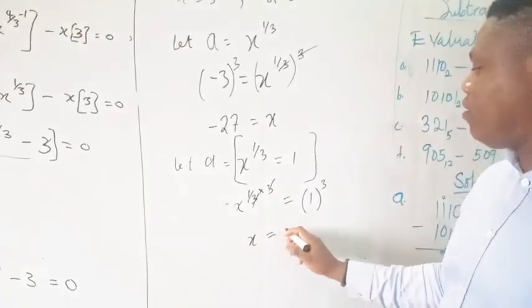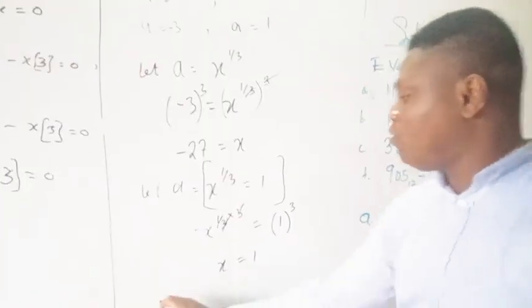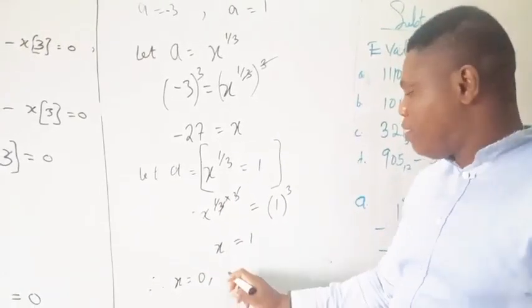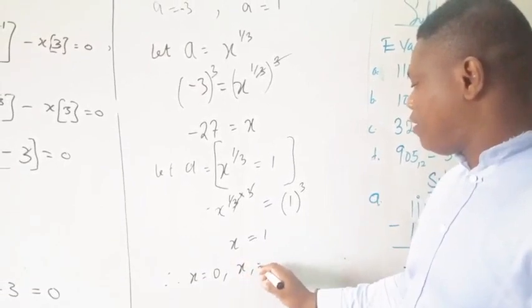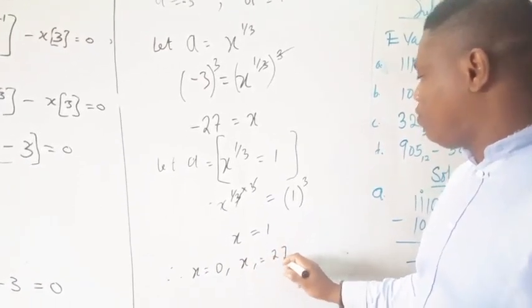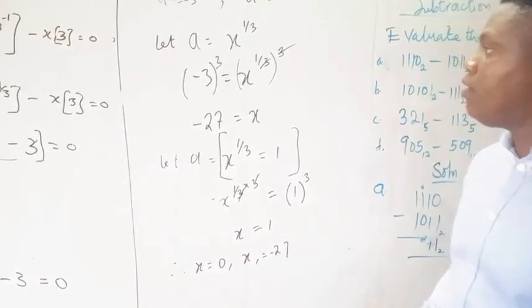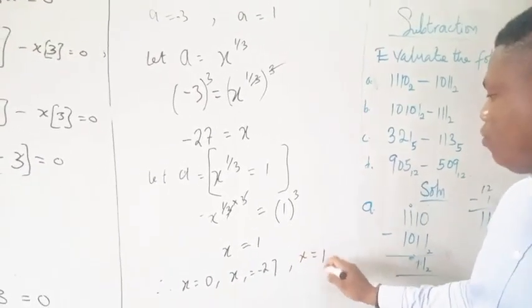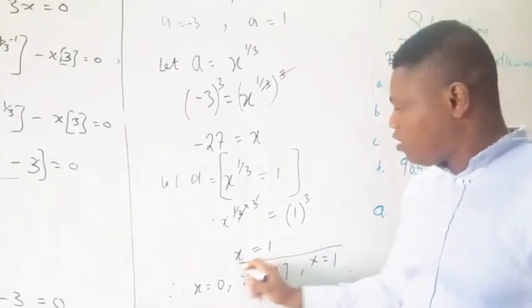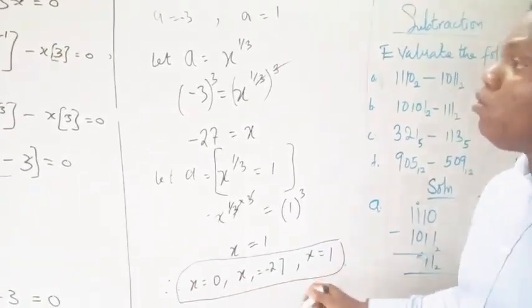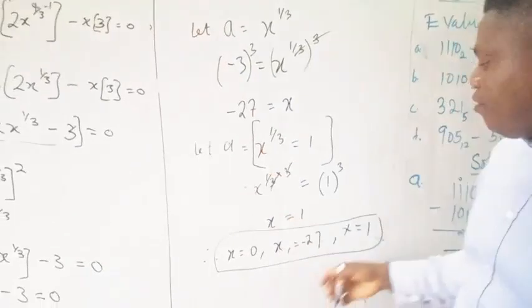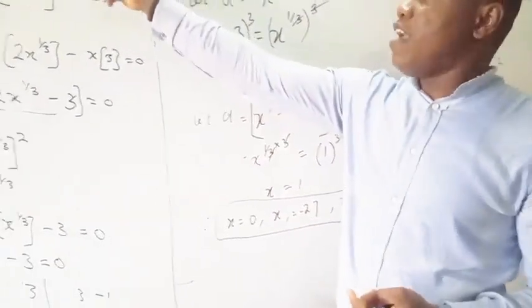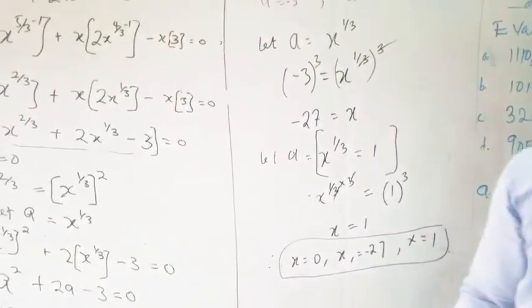I have my x to be equal to 1. So therefore, the first value of x is equal to 0, my second value of x is equal to minus 27, and my third value of x will be equal to 1. So these are the solutions to this, and if you substitute this into that, you should also verify that everything there will be equal to 0.